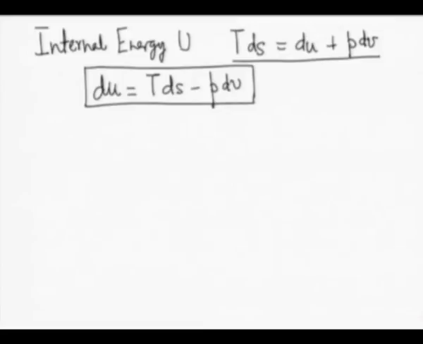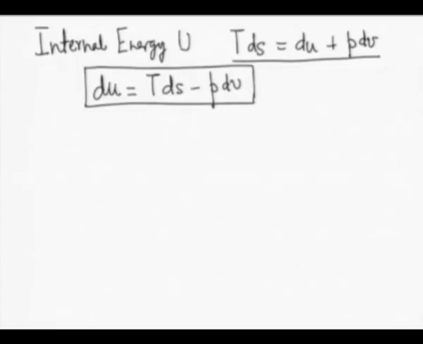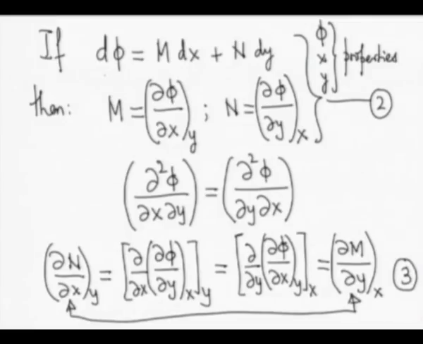But now look at this, this is exactly like our, remember U, S, V are properties. So compare this with our relation on the previous page. We have here dU equals TdS minus p dV, and here we have a property d phi equals m dx plus n dy.